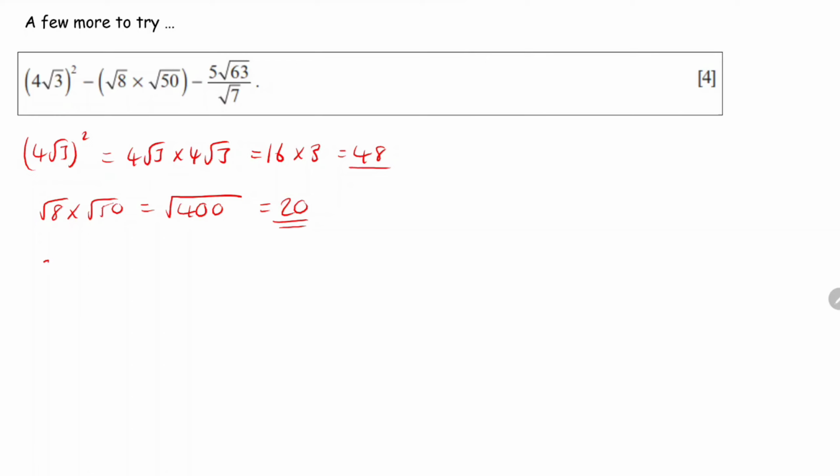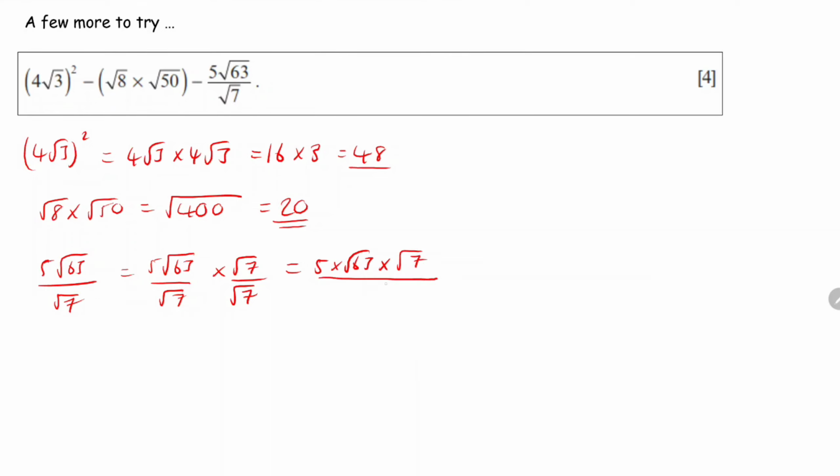And the last term, 5 root 63 over root 7. So we're going to rationalise the denominator for this one by timesing top and bottom by root 7. So our top, this gives us 5 times root 63 times root 7.